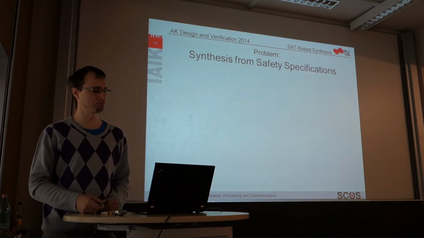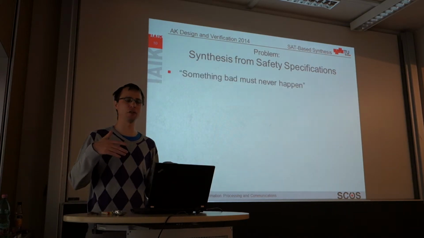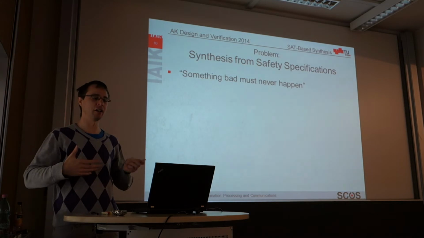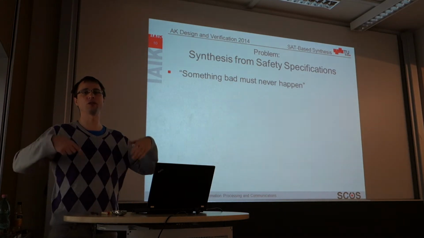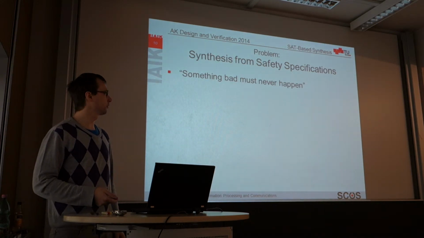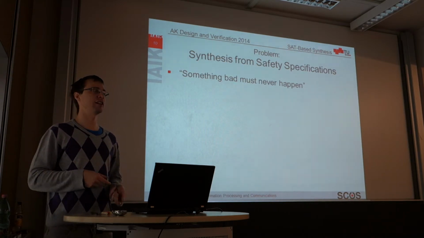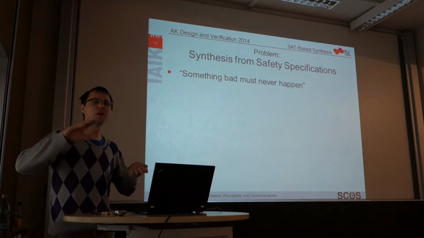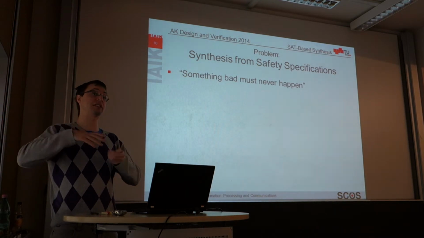Exactly, yeah. So safety specifications typically express that something bad must never happen, or that we always must remain in a good state. Whereas liveness properties usually say that something good will happen eventually at some point in the future or infinitely often, but they do not say when.